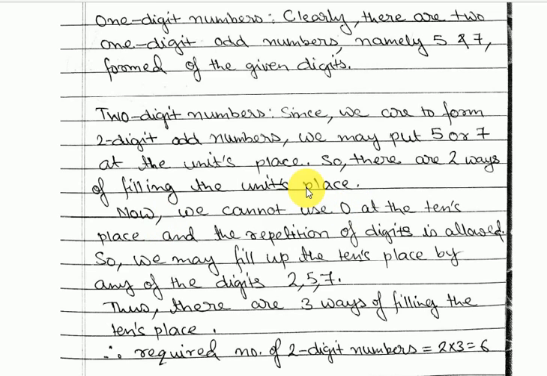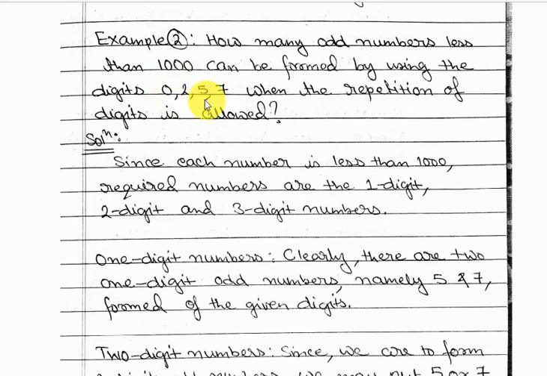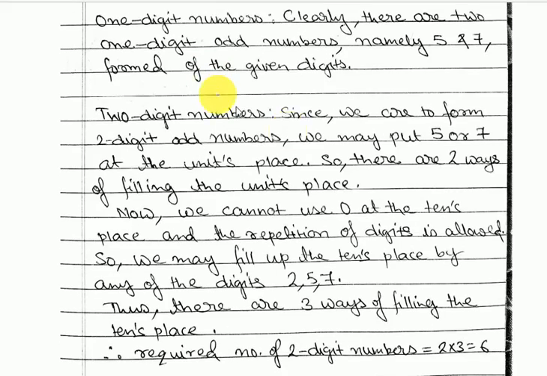Now we have to fill the tens place. We cannot use 0 at the tens place. Like here you can see that 4 digits are there, and we are making 2-digit numbers. So at the units place I can take 5 or 7, so I can fill the units place in 2 ways. But in the tens place I cannot take 0, so I have to take from the remaining only.